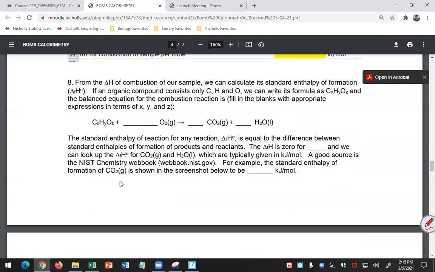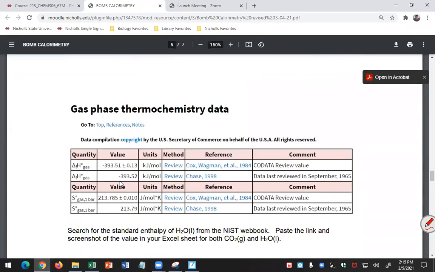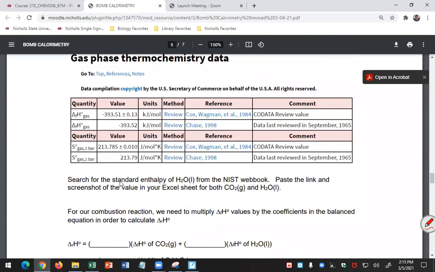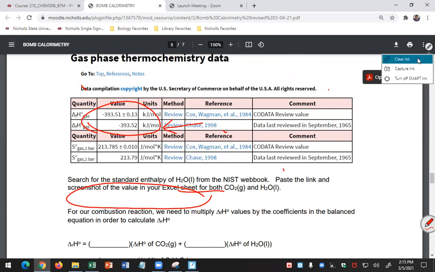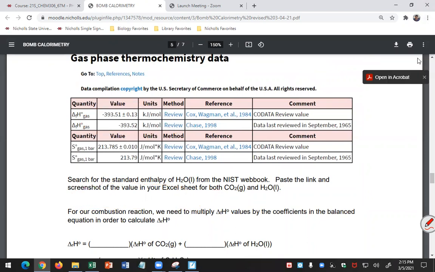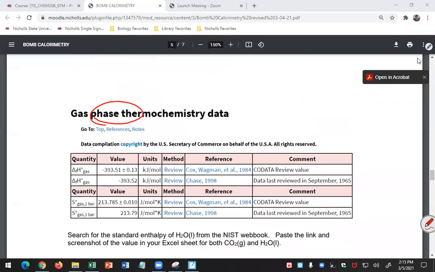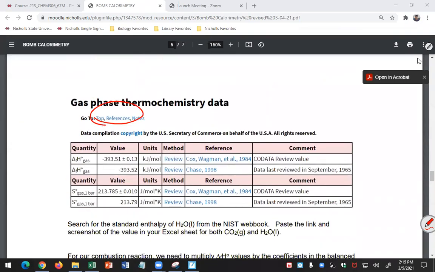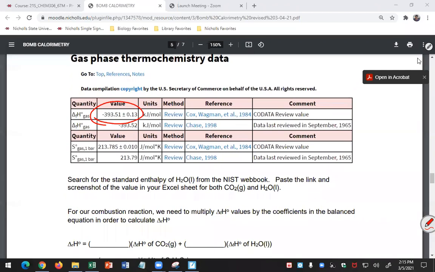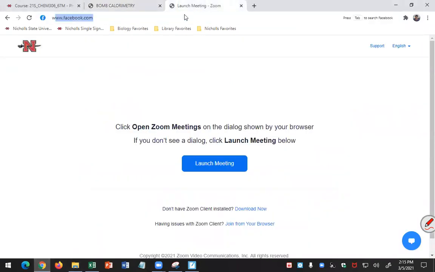In fact, your handout tells you that number. What is it? Minus 393.51 kilojoules per mole. This is for CO2. Okay. You can look it up from the NIST webbook. So you go to webbook.nist.gov.